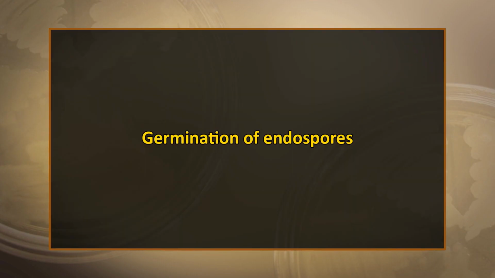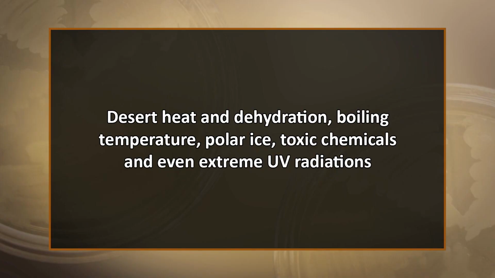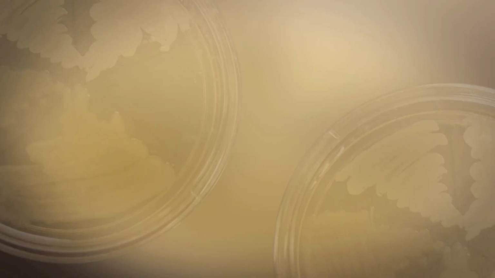Now, germination of endospores. The endospore can remain dormant for several decades and can tolerate the hardest of environments: desert heat and dehydration, boiling temperature, polar ice, toxic chemicals, and even extreme UV radiations. They germinate only under favorable conditions.